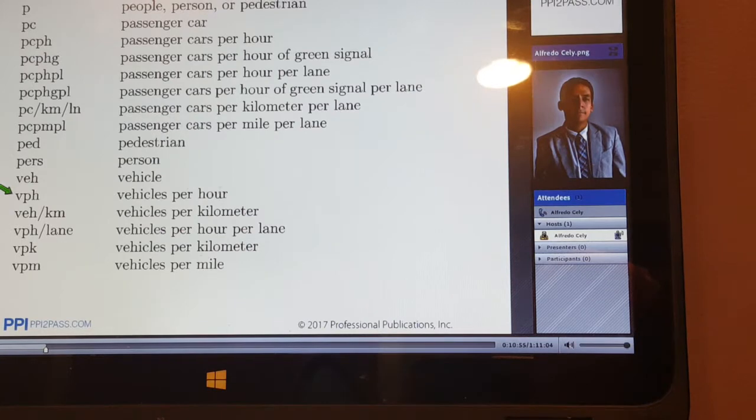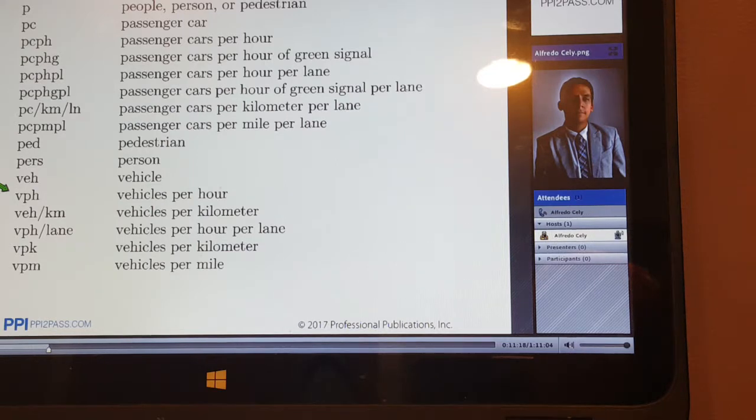Now, another key one is the VPH, your vehicles per hour. Note this is different from passenger cars per hour. Vehicles per hour means all your vehicles: trucks, buses, emergency vehicles, and passenger cars.